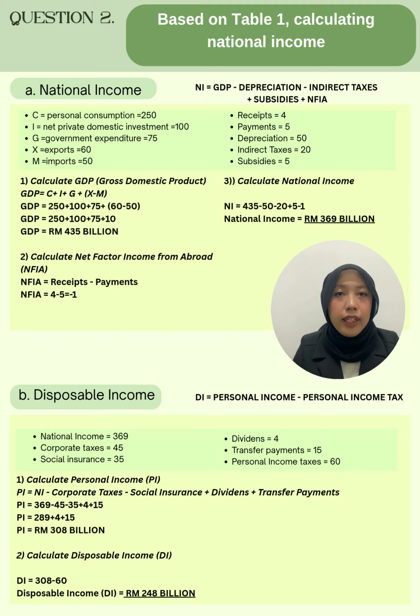Therefore, the personal income is RM308 billion. Finally, we can calculate the disposable income, which is RM308 billion minus personal income tax RM60 billion, and therefore the disposable income is RM248 billion.